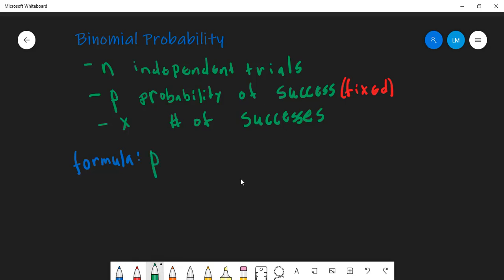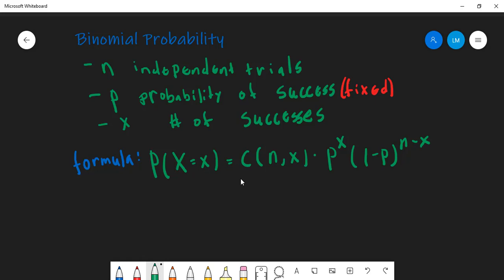We have a probability of a random variable x is equal to combination n comma x, multiplied by p raised to the x. Maybe I should change the multiply symbol because that might get confusing. So we'll just say multiply. And then we have 1 minus p raised to the n minus x.